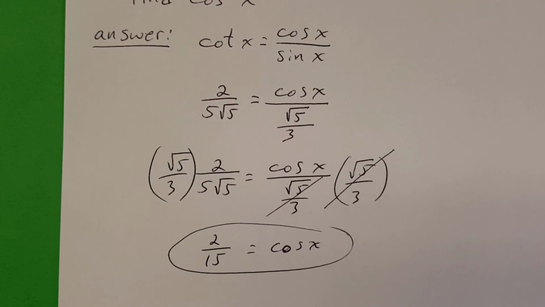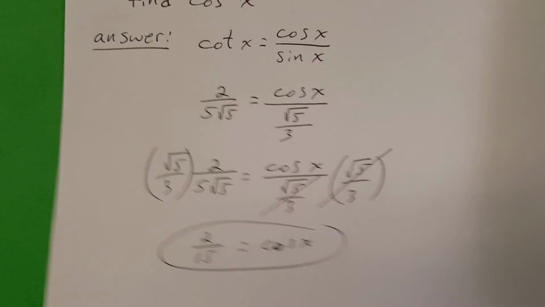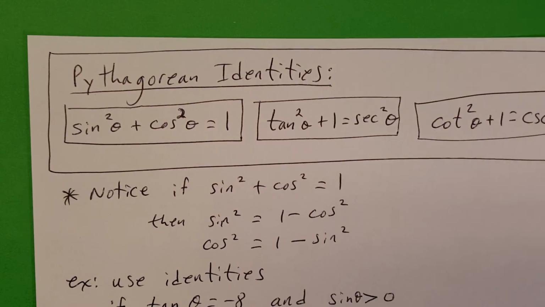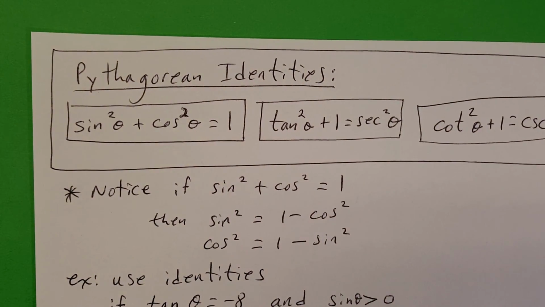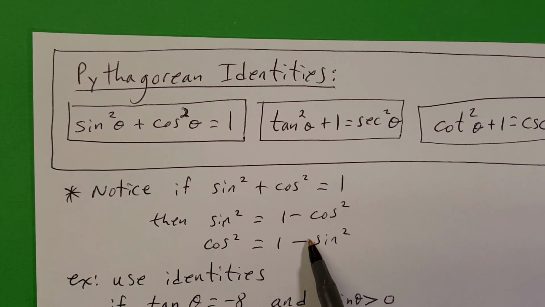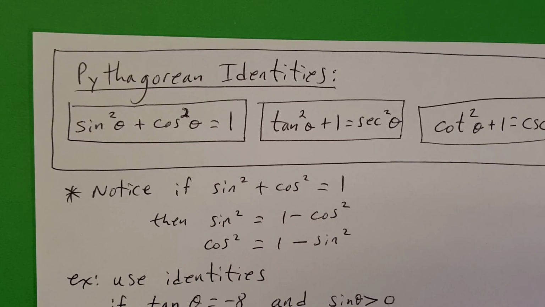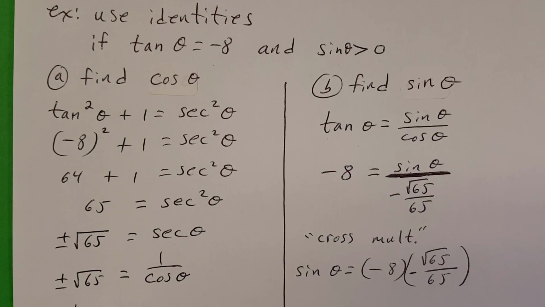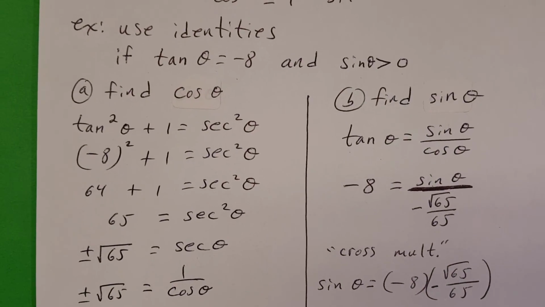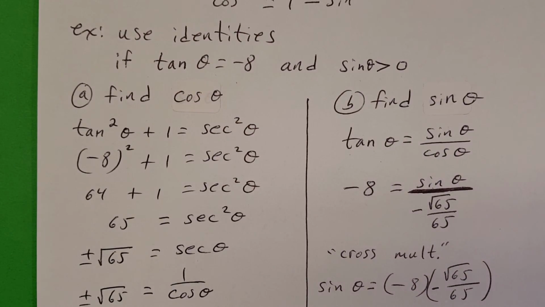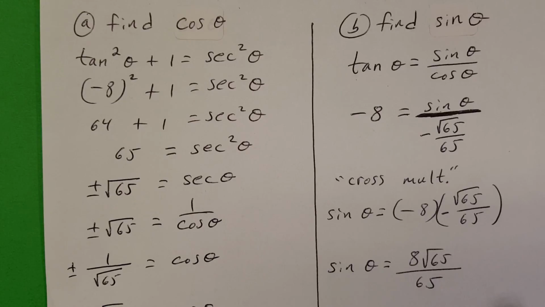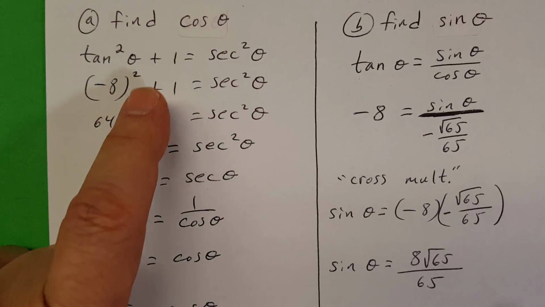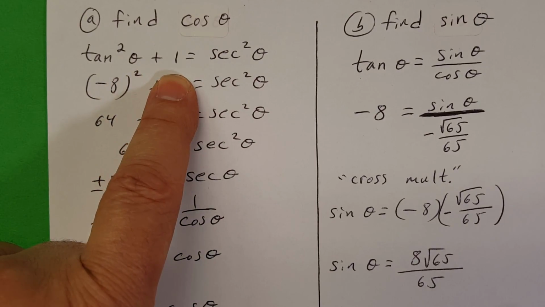Right? And then we saw even more identities, Pythagorean identities. And you're supposed to notice that these are the same as this. And we did 2 examples. Again, we started with an identity.